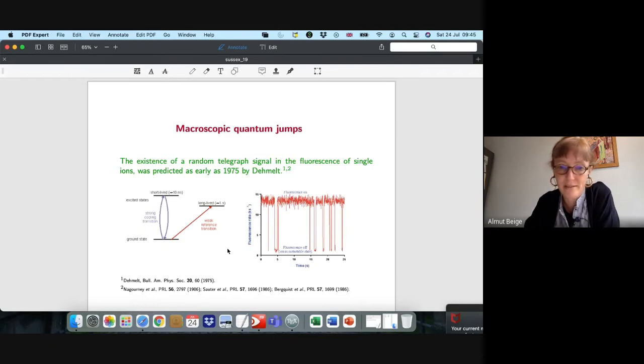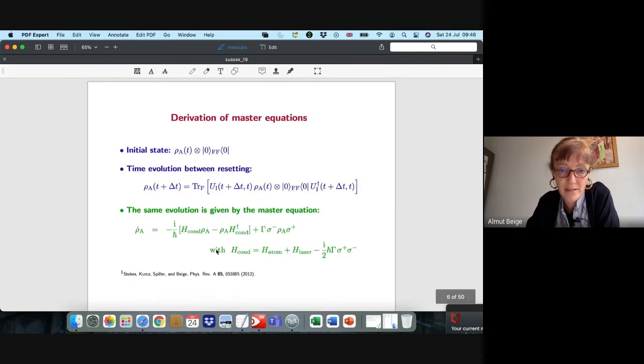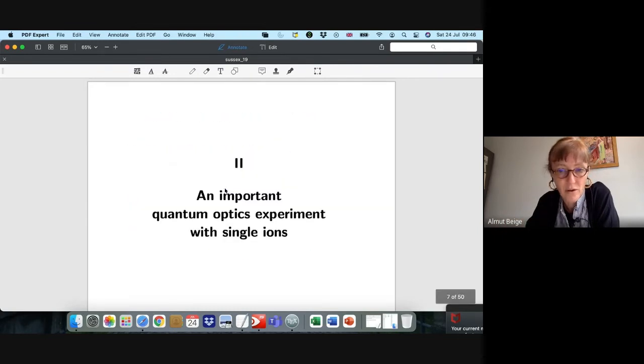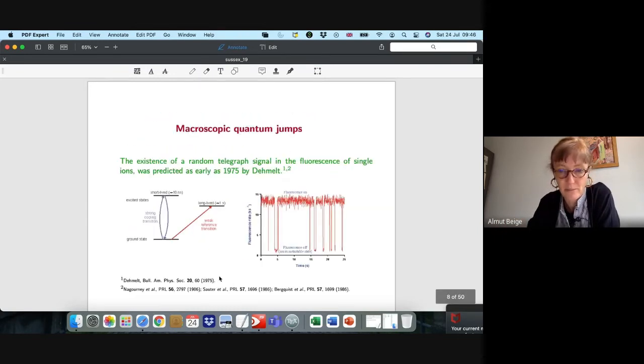So having this very random telegraph fluorescence signal, which was called macroscopic quantum jumps, tells us that this picture, that an atom sits in a free radiation field, generates photons, and these are then measured by the environment on some kind of coarse-grained time scale, is a very good picture for describing this kind of experiment.